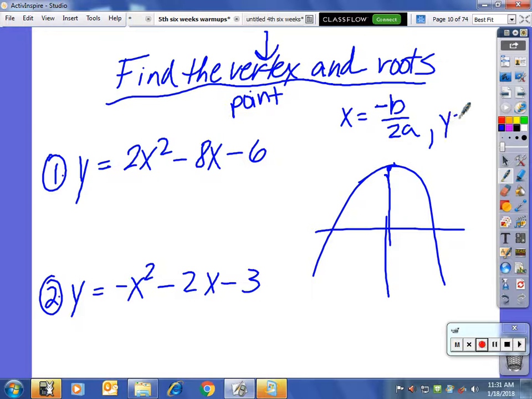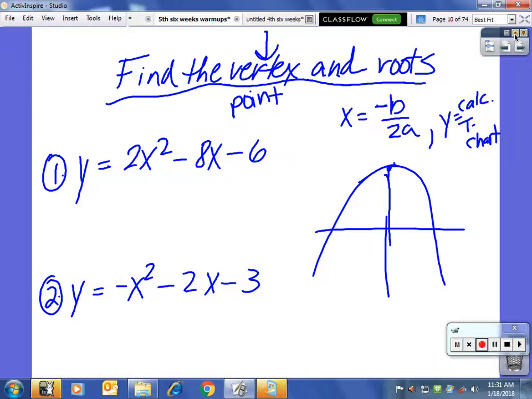Then to find the y, you turn to your calculator. Specifically, you look at your t-chart and look across from your x value, and that's the y that goes with it. So vertex is a point. You come up with the x, and it's super easy to do that. Then your calculator, when you look at the t-chart, will tell you the y that goes with it.